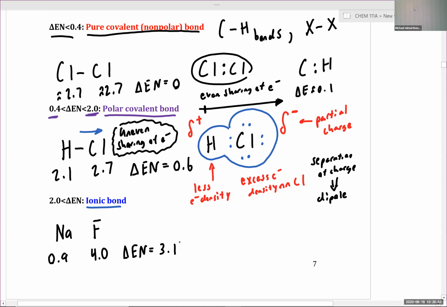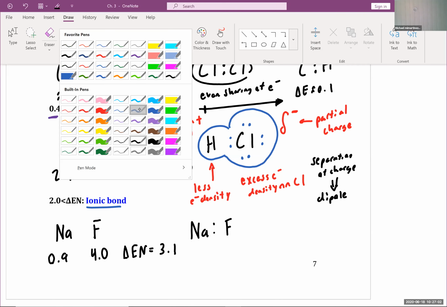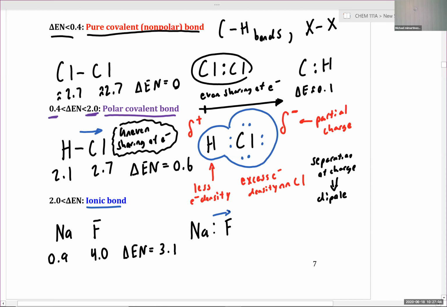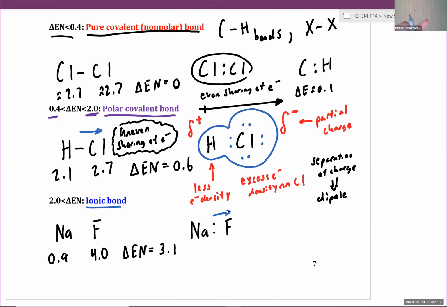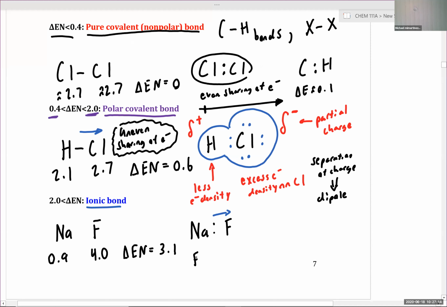So what this is saying essentially is that if we had electrons between sodium and fluorine, fluorine is so strongly electronegative and sodium is so weakly electronegative that fluorine, instead of sharing the electrons in an ionic compound, takes electrons from sodium.